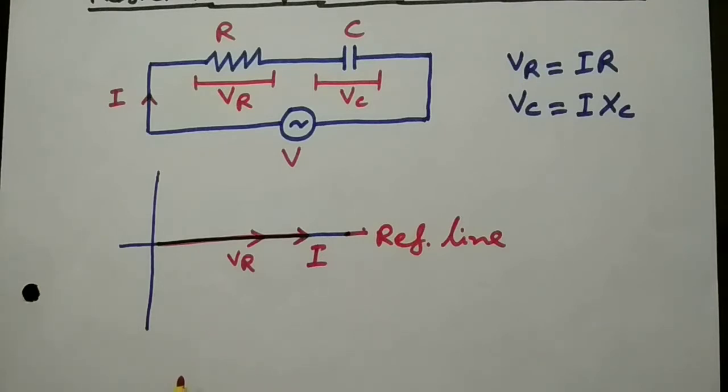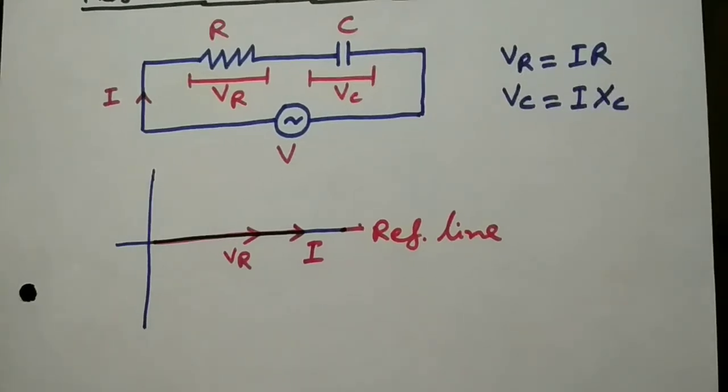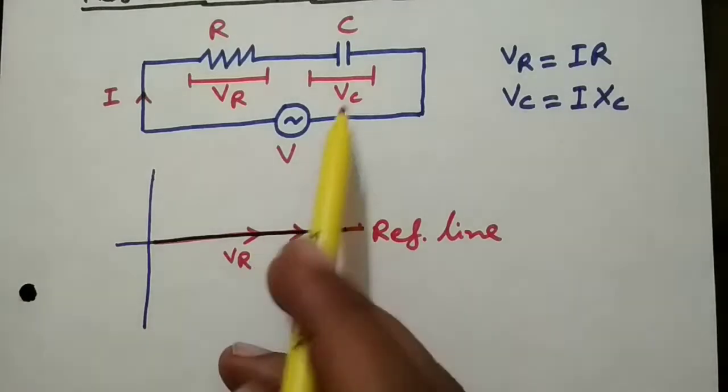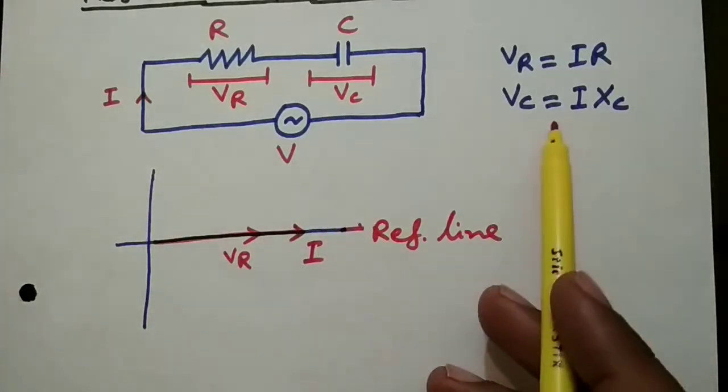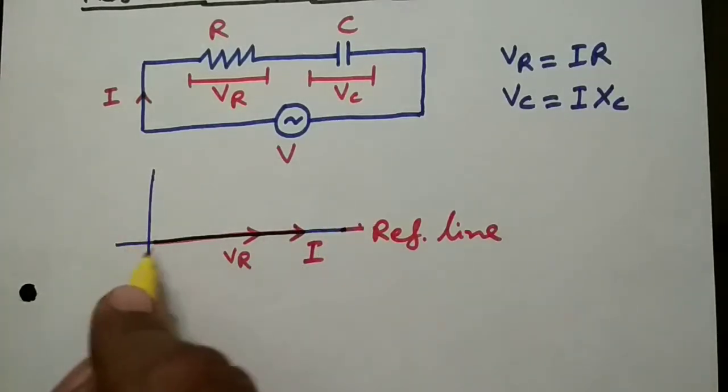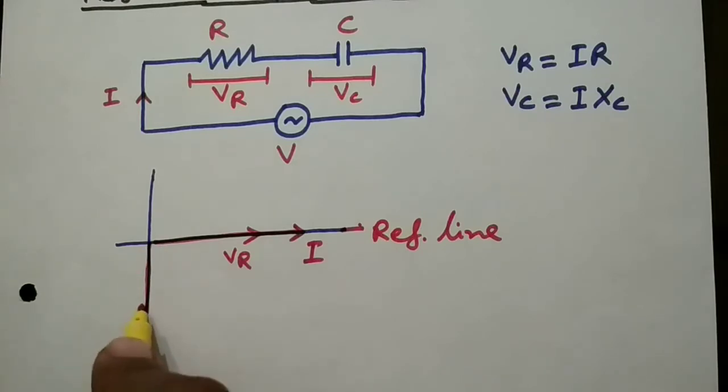So we can say the voltage lags the current by 90 degrees. Therefore, the voltage drop across the capacitor VC, which is I into XC, will lag the current by 90 degrees. So here it will be VC.